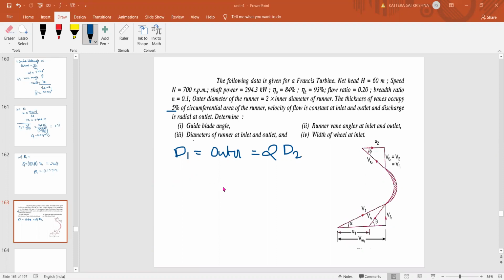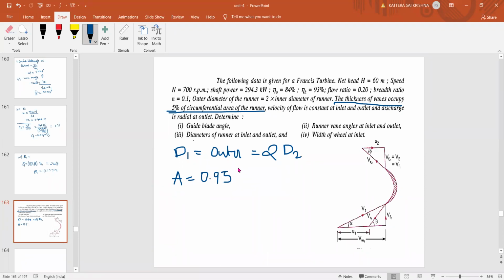That is nothing but 0.95 into area value pi into D1 into B1. That you need to remember here. This point is very important. The thickness of the vane occupies 5% of the area of the runner, so when taking area, we should take only 95% of the area.